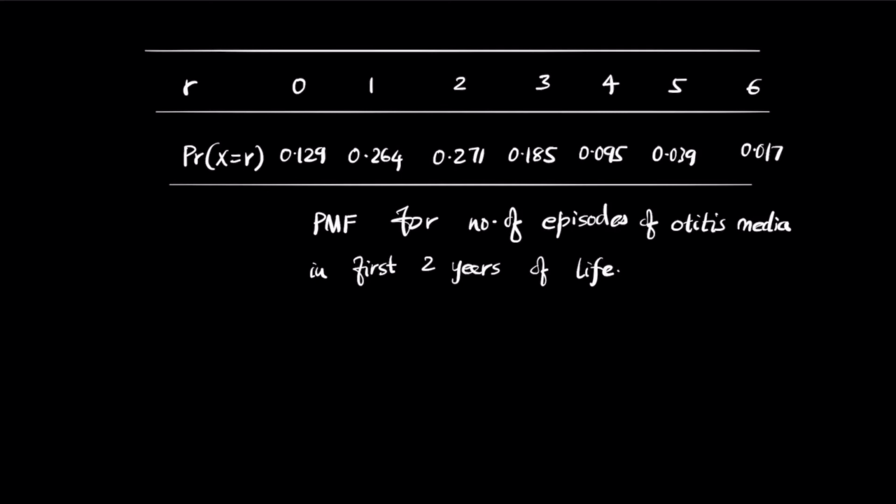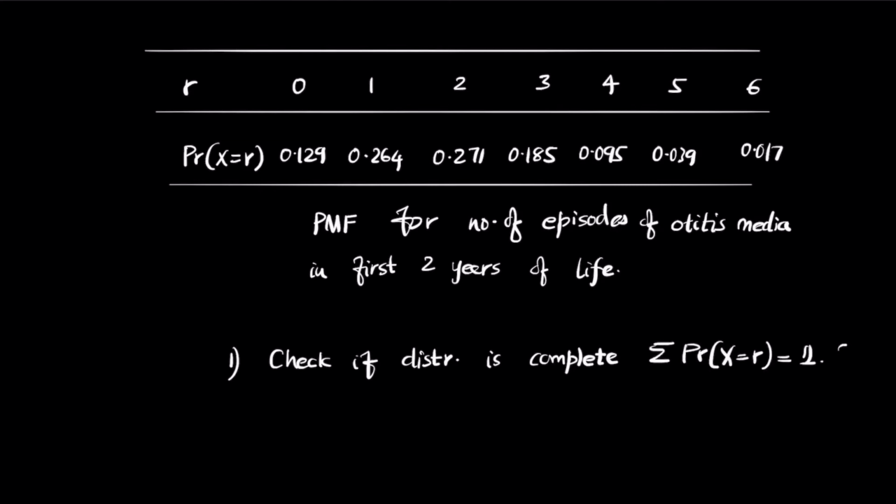So the first question is to check if the distribution is complete. How would you check that? Calculate whether the sum of probabilities is equal to 1 or not. Second, calculate the expected value or the mean.